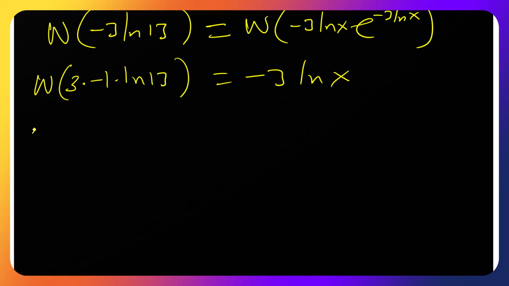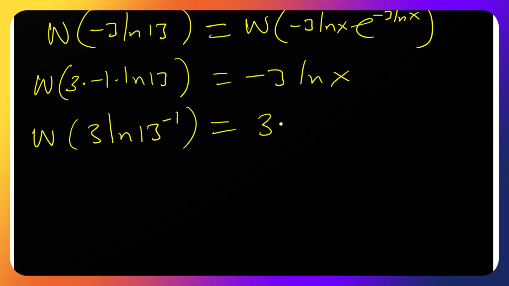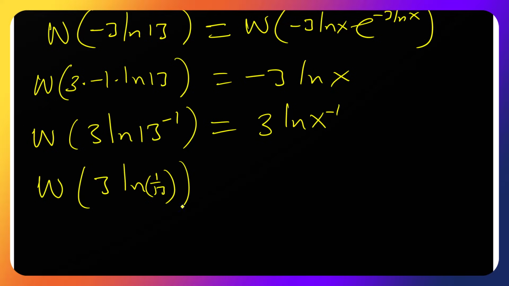So we can say W function, now the minus 1 will come here. That will be 3 ln of 13 raised to negative 1 equals, and we can also write this one as 3 times minus 1, whereby the negative 1 comes here. So we can say W function of 3 ln of 1 on 13 equals 3 ln of 1 on x.